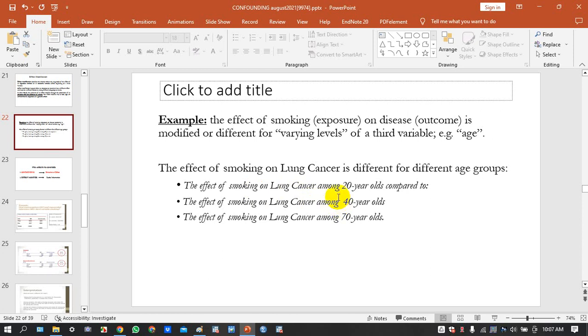So age here is an effect modifier. It modifies the effect. It increases the overall outcome, that is lung cancer. So it's an effect modifier.